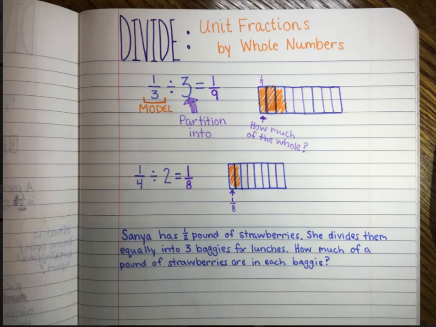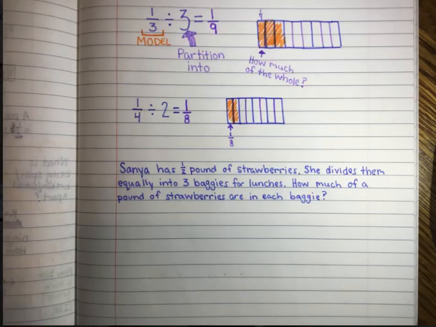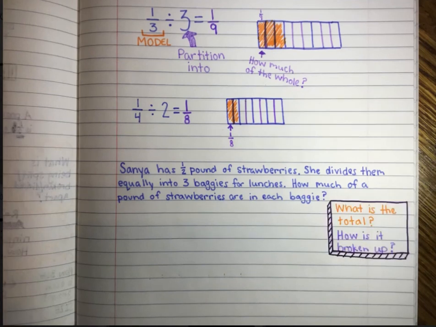There's a couple of things we need to really think about in order to solve this. We need to first think about what's the total? Which part represents the total? Is it the half of a pound or is it the 3 baggies? And the other thing we need to think about is how is the total being broken up?